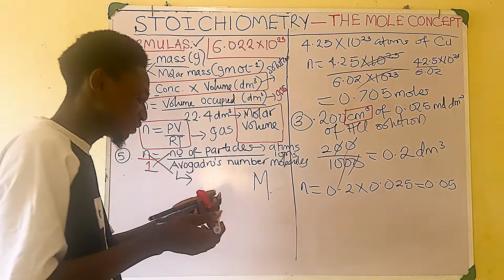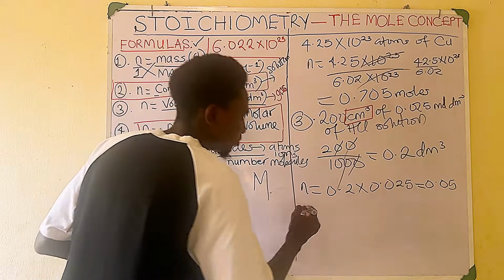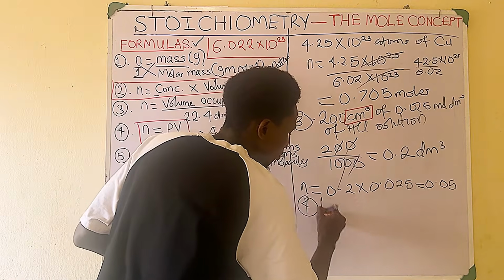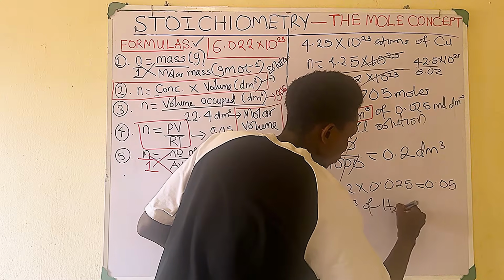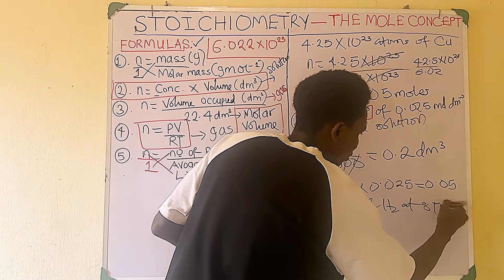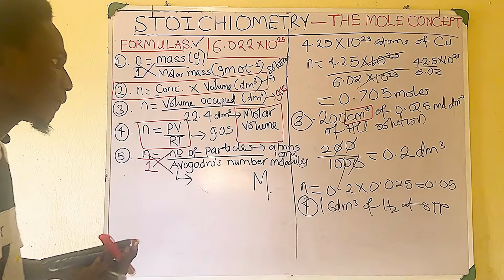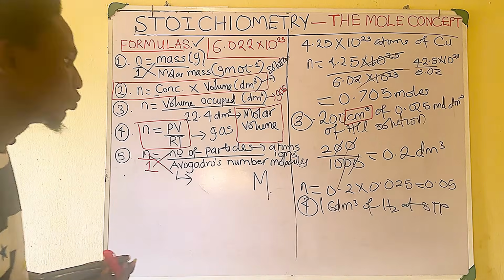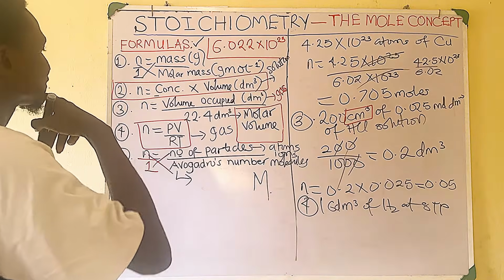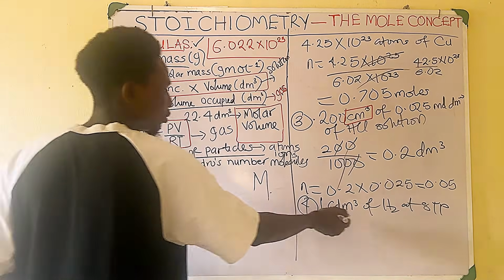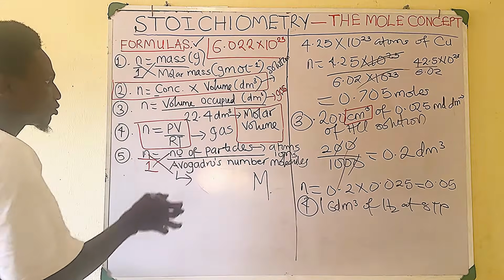We don't have time. 16 dm cube of hydrogen gas at STP. 16 dm cube of H2 at STP. Now, what do we do here? We have dm cube of hydrogen at STP. Quickly look at dm cube: it means they're giving you volume. Whenever I see dm cube or cm cube, you know it's volume.